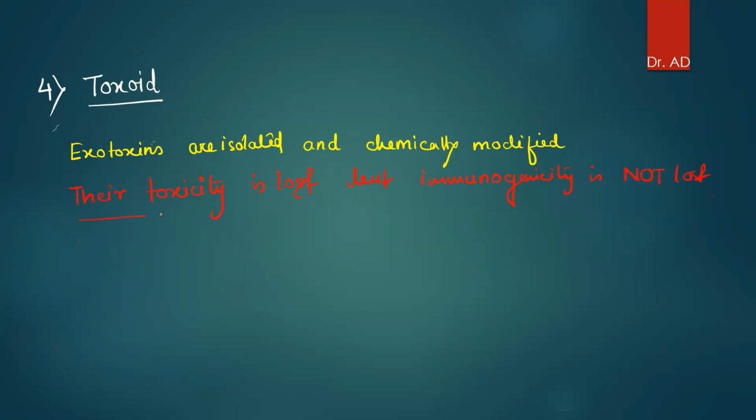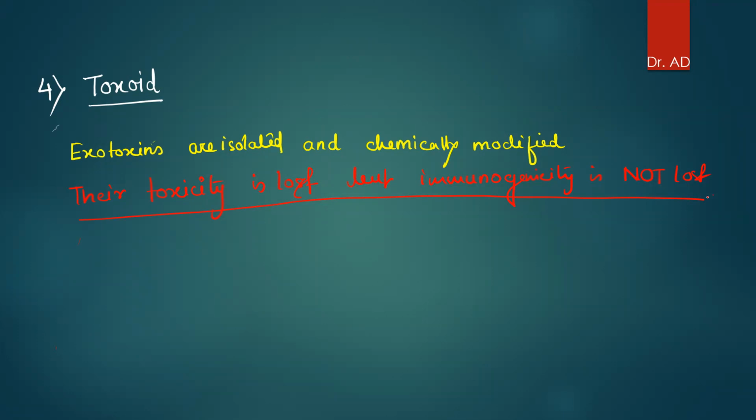Remember this line for toxoids forever. I said their toxicity is lost, but not their immunogenicity. If their immunogenicity is lost, then what is the use of using this as vaccines? It's just useless, right?